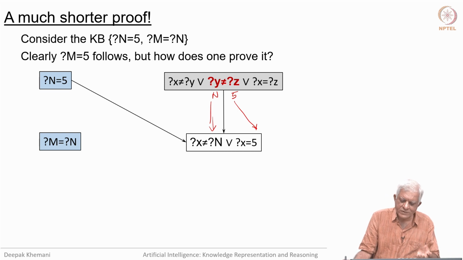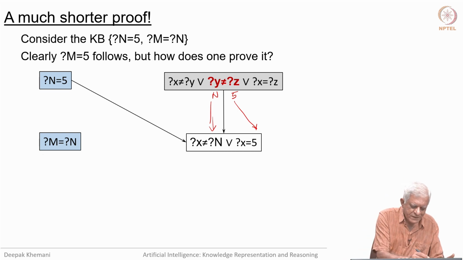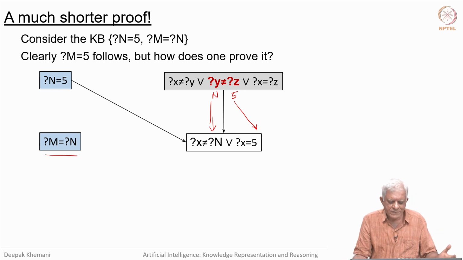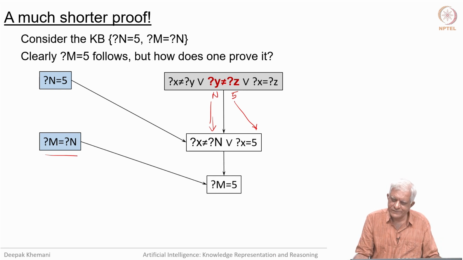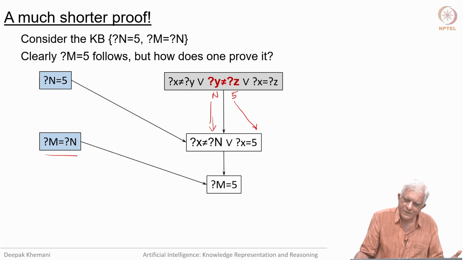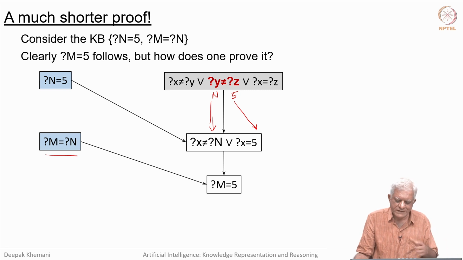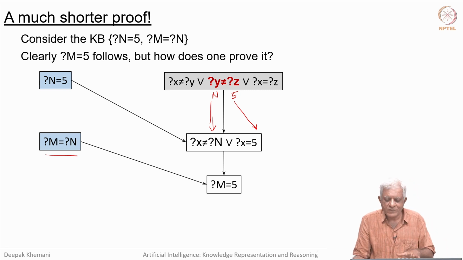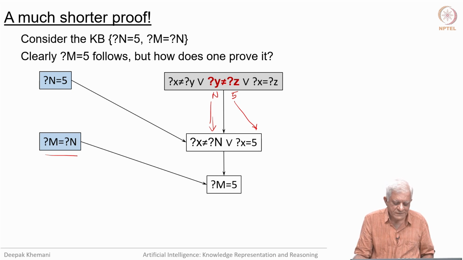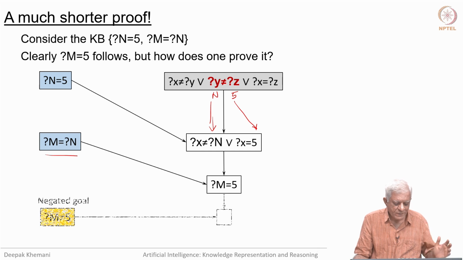Now, this x not equal to n is very conveniently going to match ours, which says that m equal to n. So, we can cancel that off, and what we get, voila, m equal to 5, that is what we wanted. So, in just 2 steps we have got what we wanted to show essentially, as opposed to those 3 extra axioms of symmetry that we had to use essentially.